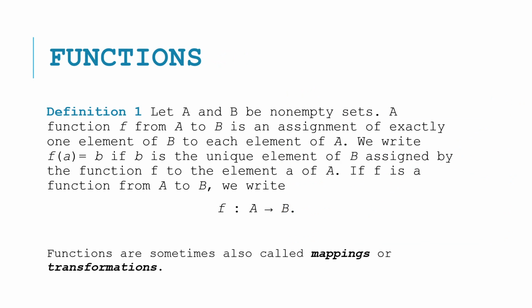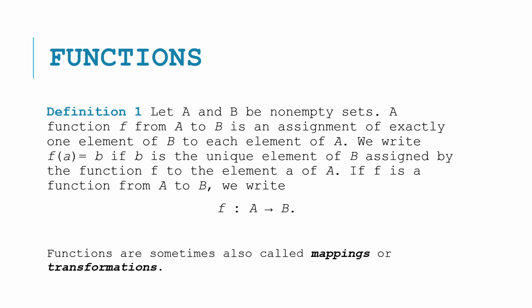So functions have this definition here. Definition 1: let A and B be non-empty sets. So these sets A and B must have elements. A function f from A to B is an assignment of exactly one element of B to each element of A. Therefore, for every element of A, there must only be one element of B assigned to it.